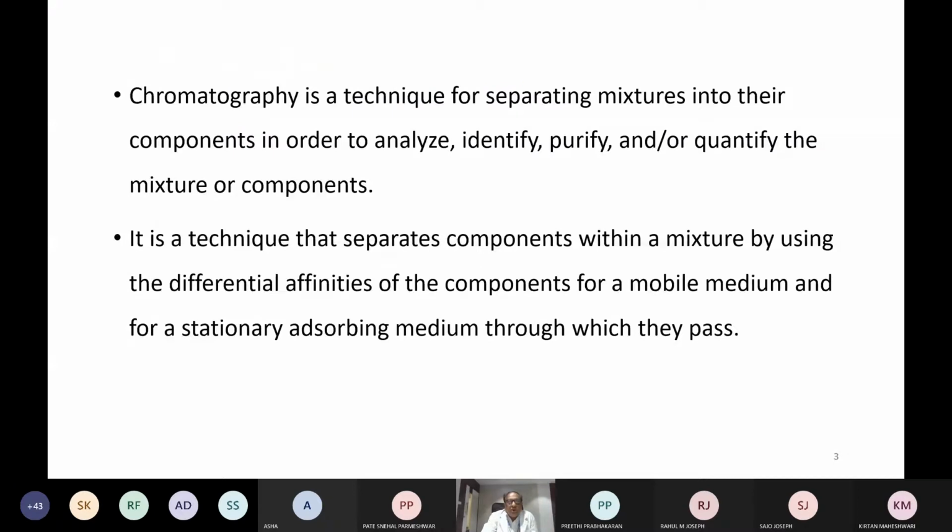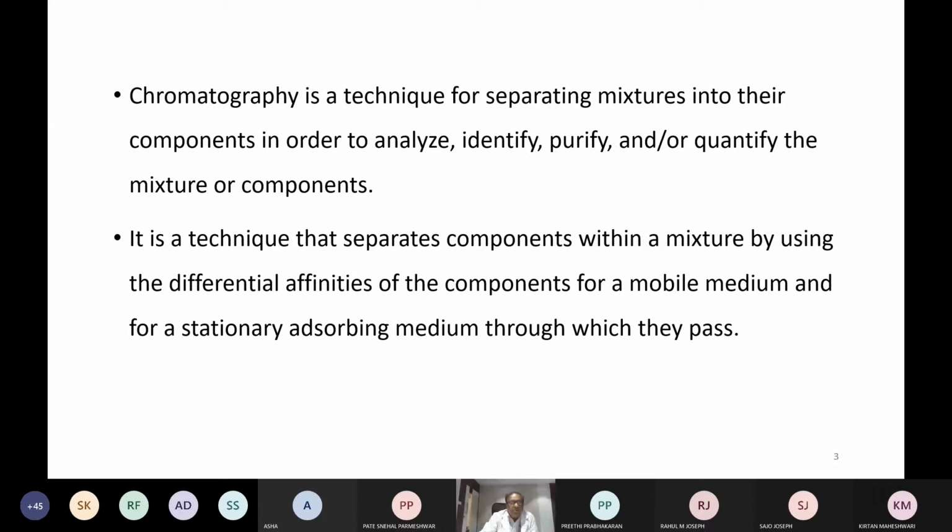It is used to separate components to analyze, identify, purify, and quantify the components of a mixture. It is used basically with two things: one is called the stationary phase, and another is the mobile phase.